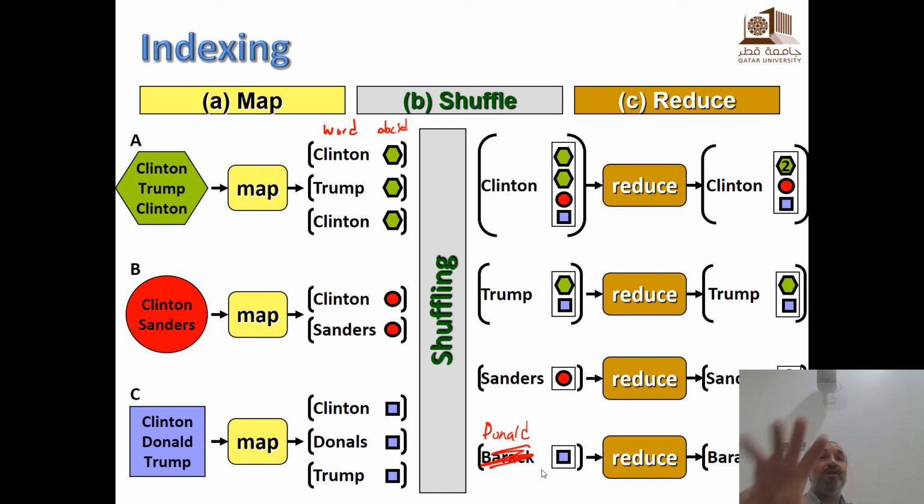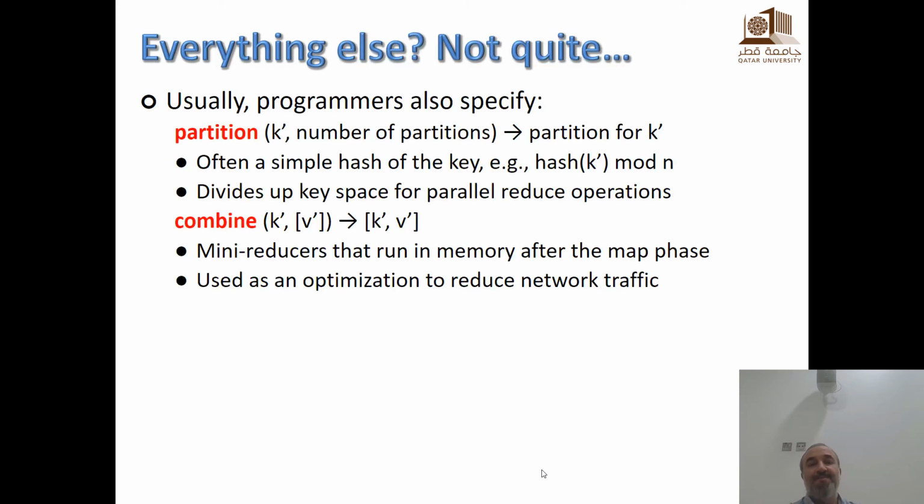There is a default way of doing it that MapReduce will do for you if you don't tell it how to do it. But you also have the option to provide this partition function. This partition function takes a key, which is the key of the intermediate output, and the number of partitions as a parameter, and produces a number, which is the reducer that will be assigned to that key.